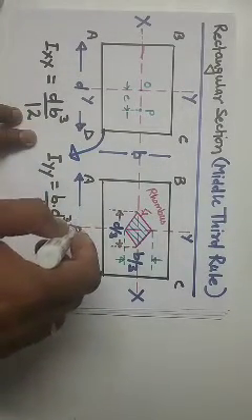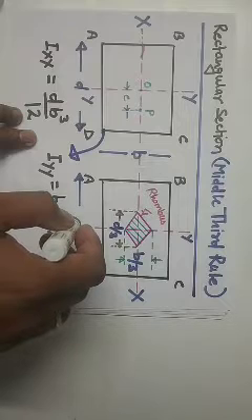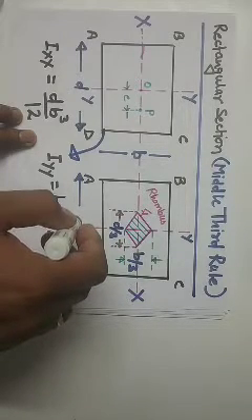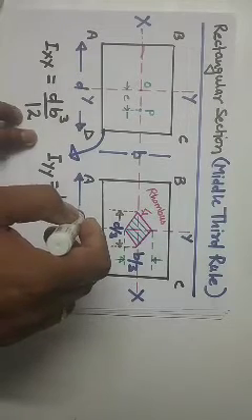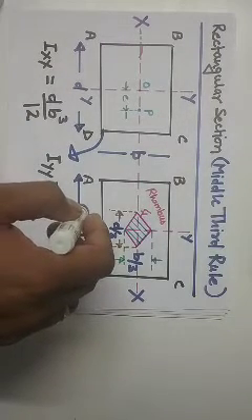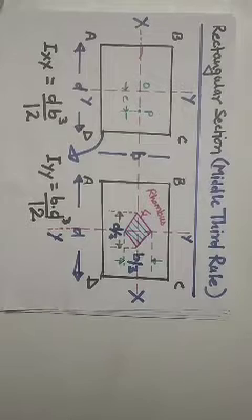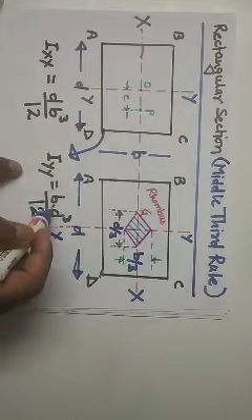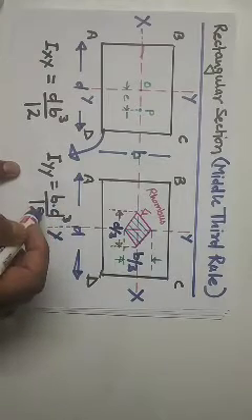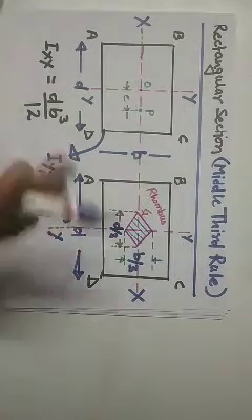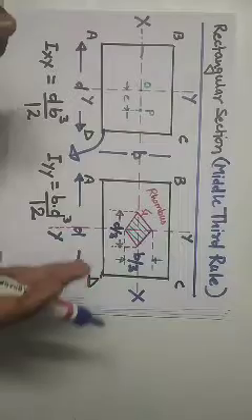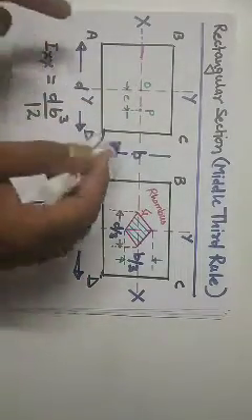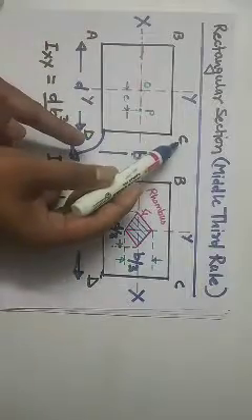I_YY equal to, for this case I_YY will be considered, which is BD cube by 12, right? It is different from the normal situation. In the normal situation, when we make a rectangular cross section, here will be the width and here will be the depth.